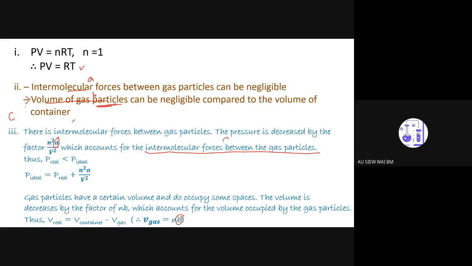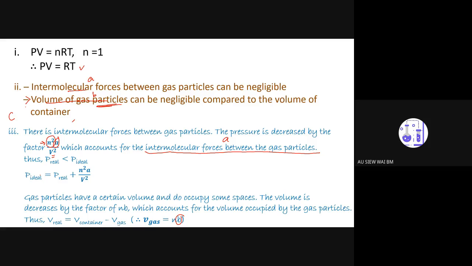Actually, this one is the A. N kuasa 2, N that means number of mole dia. Semakin banyak gases, mesti semakin banyak intermolecular forces, betul? So that's why N adalah satu faktor yang mempengaruhi intermolecular forces. Satu lagi ialah V. V that means volume dia. Volume juga akan mempengaruhi intermolecular forces, and then the volume dengan intermolecular forces adalah inversely proportional.